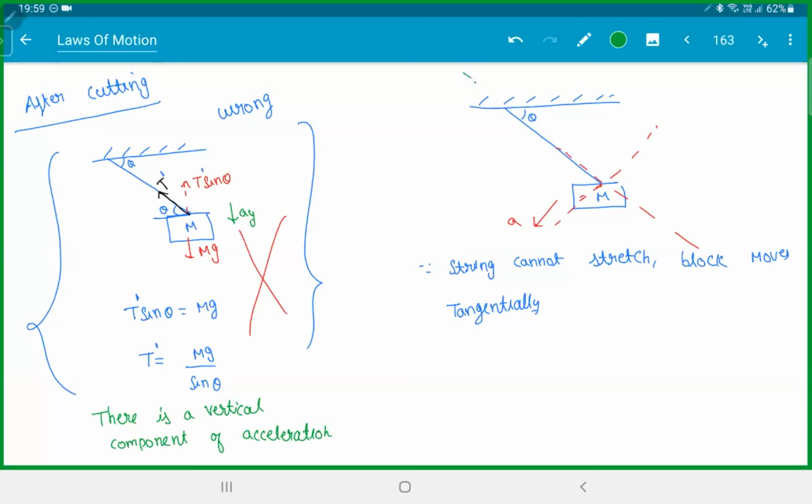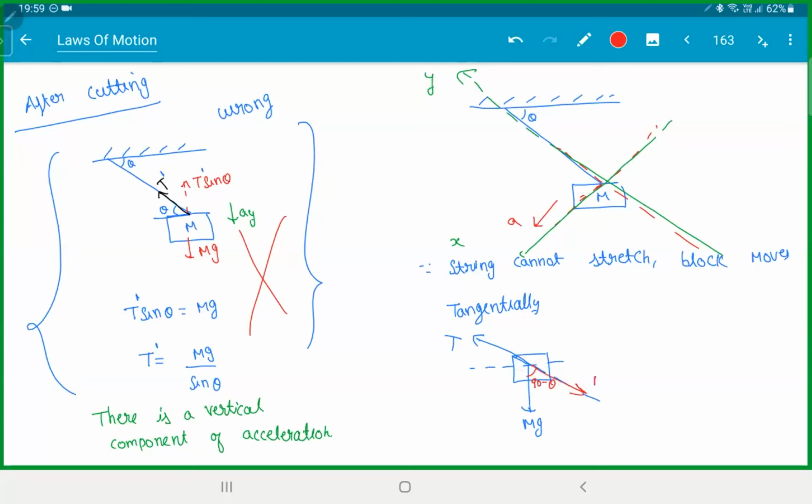So in this problem, it is preferable if you can choose this as your y and this is your x. Now, if you draw the FBD, you can clearly see this is tension, this is mg, that is theta, this is theta, 90, so this is 90 minus theta.